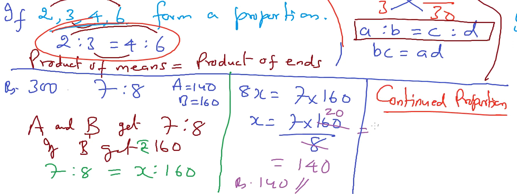Here, only three quantities. Suppose the three quantities are A, B, and C. Suppose we say A, B, and C form a continued proportion, or are in continued proportion.